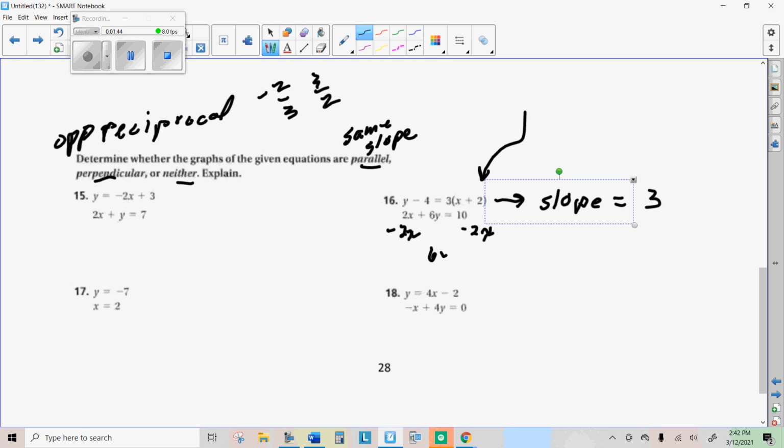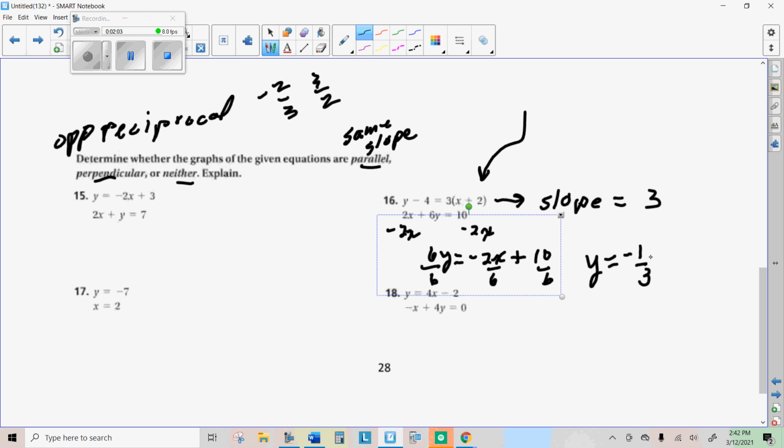That gives me 6y equals negative 2x plus 10. Then I'm going to divide everything by 6. And now it's y equals, I'm going to simplify negative 2/6, that's the same as negative 1/3, x plus 10/6, which simplifies to 5/3. So now I can see the slope here is negative 1/3, the slope here is 3.